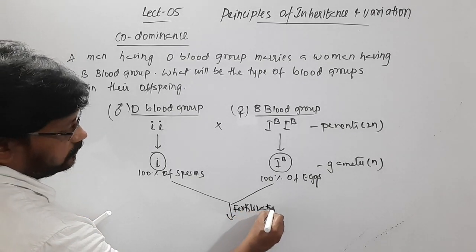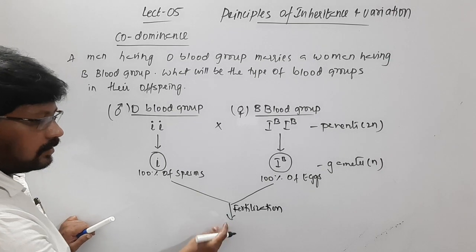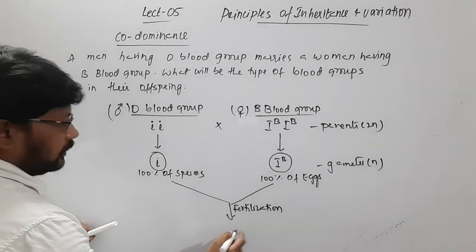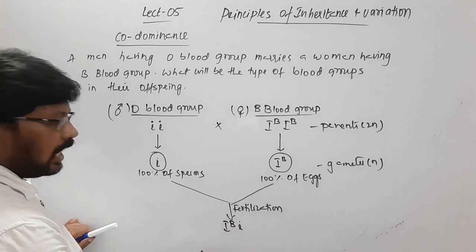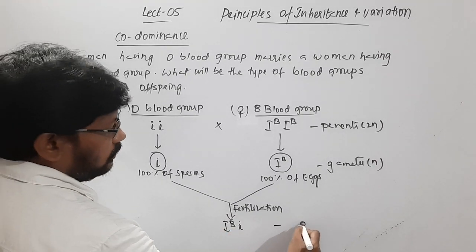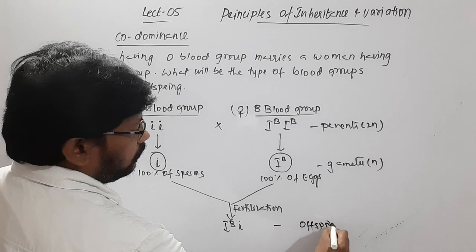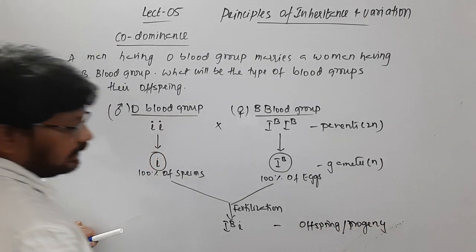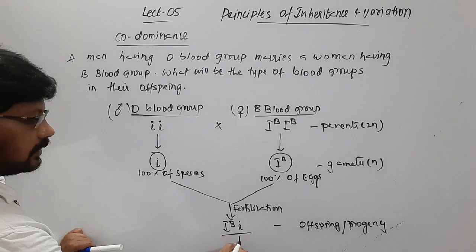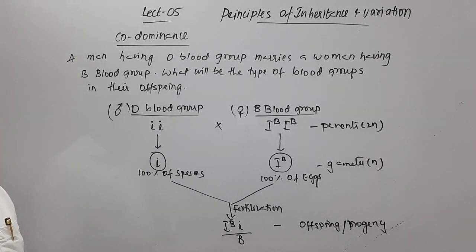Now the sperm and egg fertilization results in the formation of the young one, it will be IB and small i, the offspring, or I can use another word, progeny. And in this case it will be B blood group.